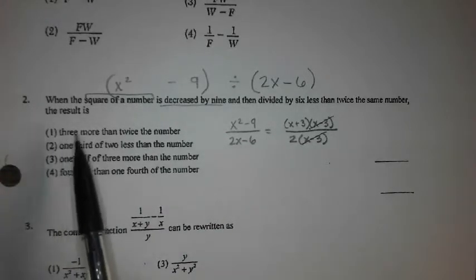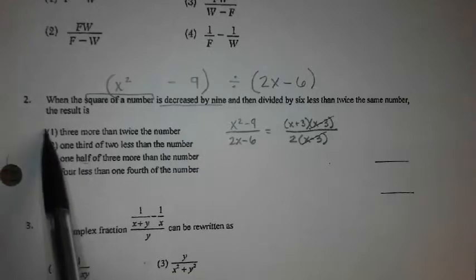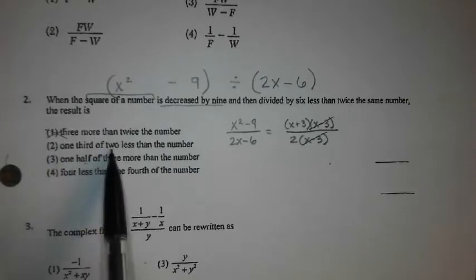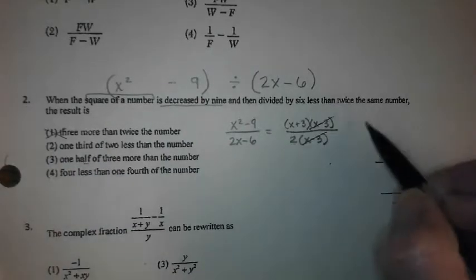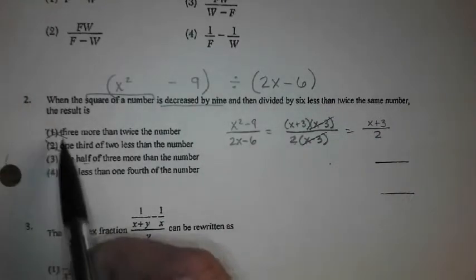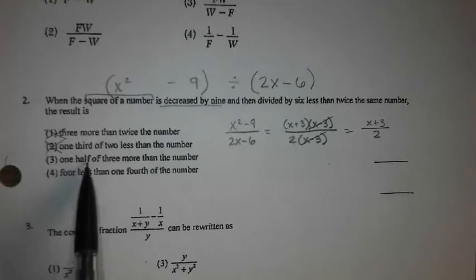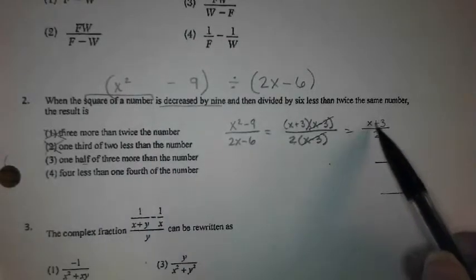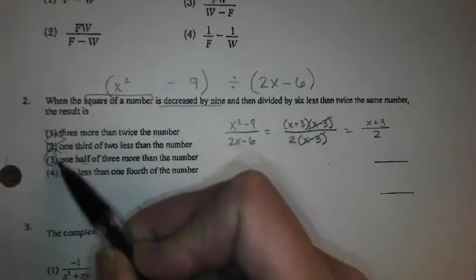So is that 3 more than twice the number? No. 1/3 of? No, it's 1/2 of something, because it's x plus 3 over 2, so it's not 1/3 of something. 1/2 of 3 more than the number. There's 3 more than the number, and then half of it. So it's option 3.